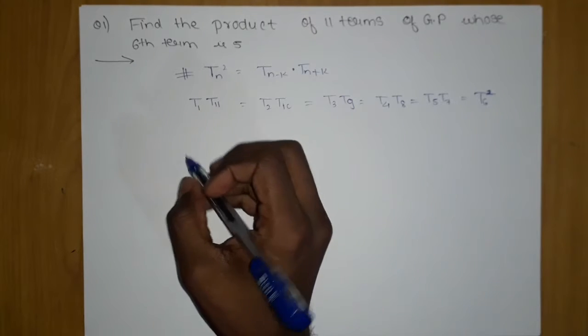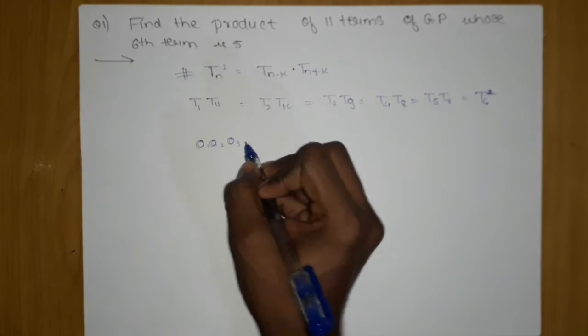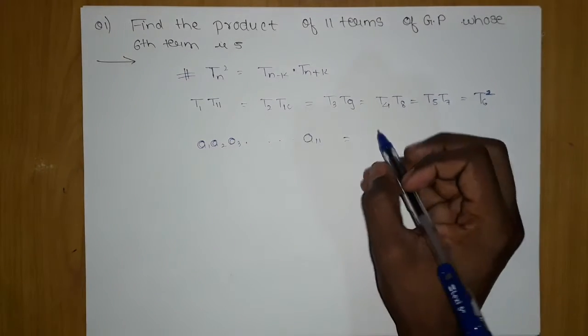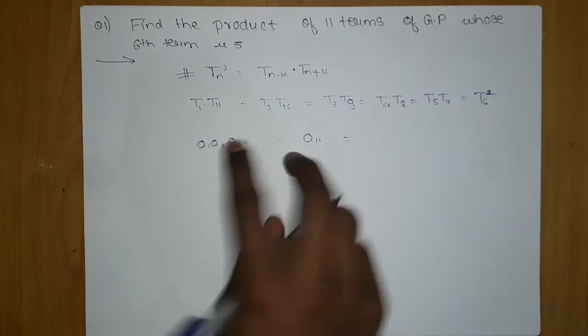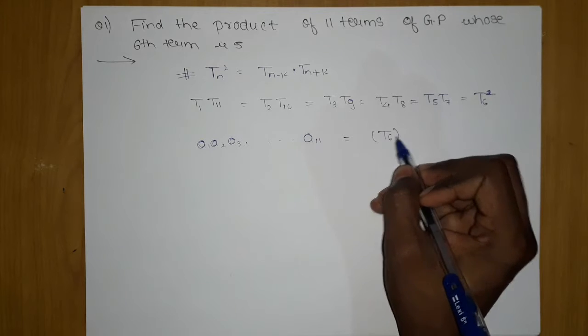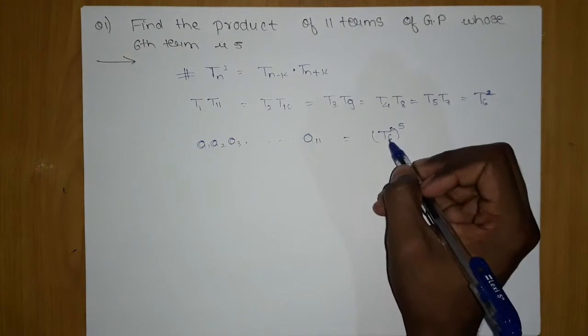Now what I want to find is the product of a1, a2, a3 till a11, all the terms. If I pair them two by two like that, they are nothing but t6 power 2 into 5.